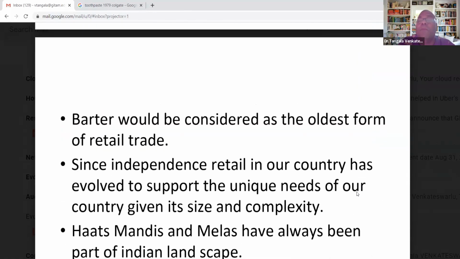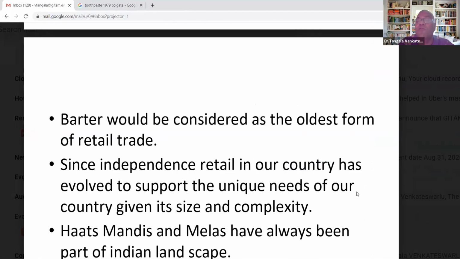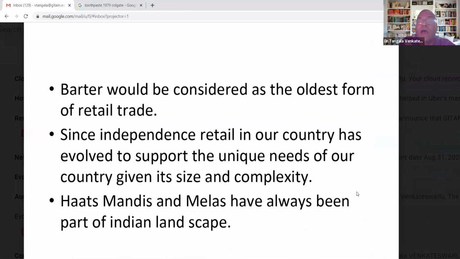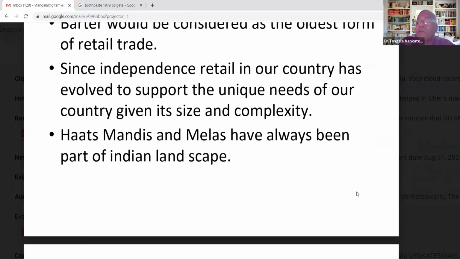Initially, the barter system was considered one of the oldest forms of retail trade. Since independence in our country, customer needs have been increasing, and retail outlets have grown in size with the increase in complexity of products, so you can see retail trade increasing. The initial retail outlets we were seeing are haats, melas and mandis, and these formats exist till date.